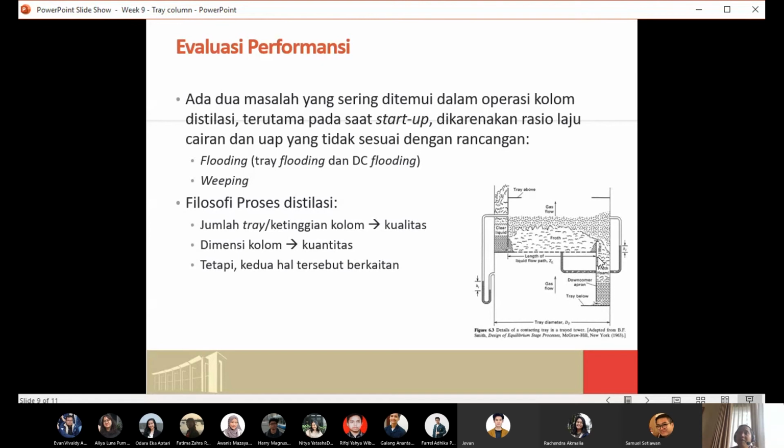In general, we maintain the liquid level in the downcomer at around 70 to 80%. So imagine the downcomer length is, for example, 100 centimeters.